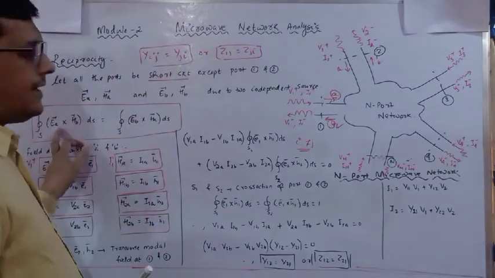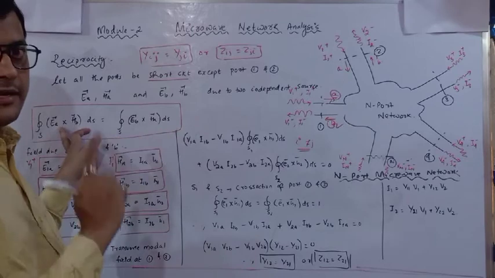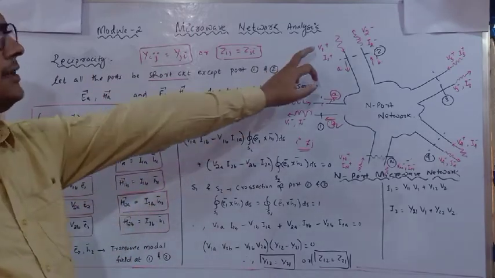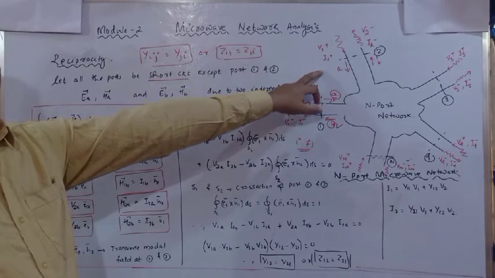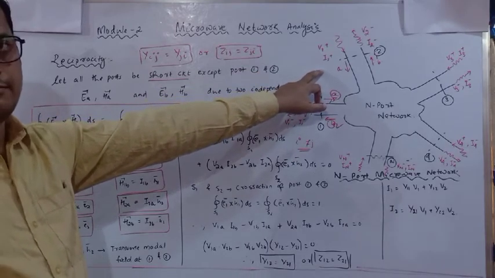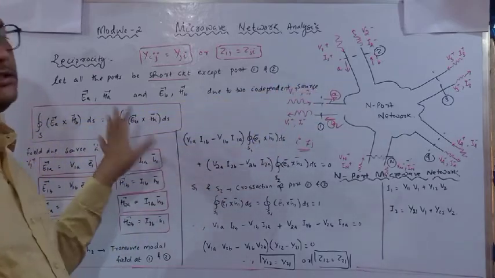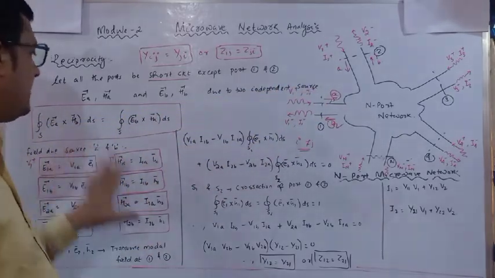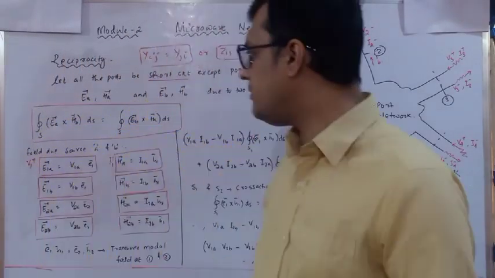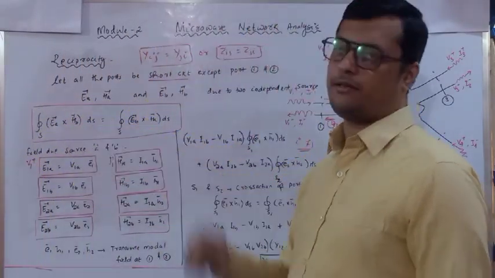So the incident electric field with respect to the reflected magnetic field product must be equal to the reflected electric field with respect to the incident magnetic field. So this must be satisfied. Okay. So once these fields are identified, next we have to substitute these parameters in these equations.